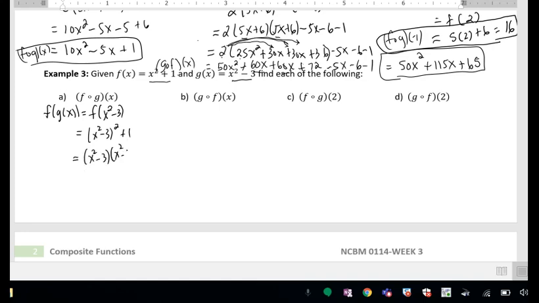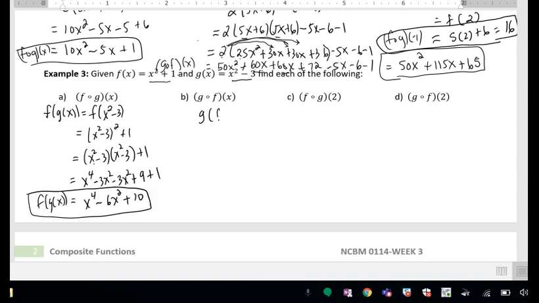So if we multiply it out, we get x squared times x squared is x to the 4th. x squared times negative 3 is negative 3x squared. Negative 3 times x squared is negative 3x squared. Plus 3 times 3 is 9. So we have x to the fourth minus 6x squared plus 10.